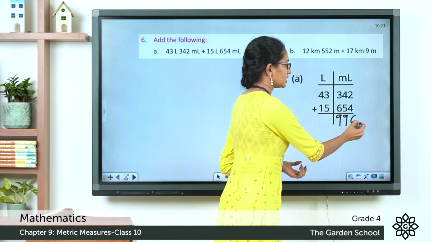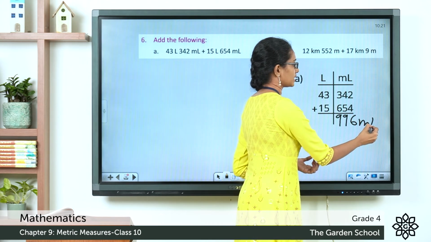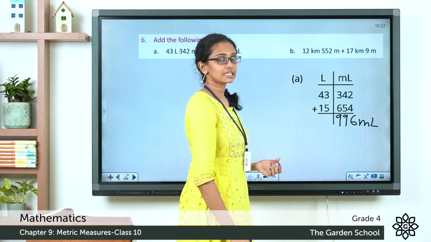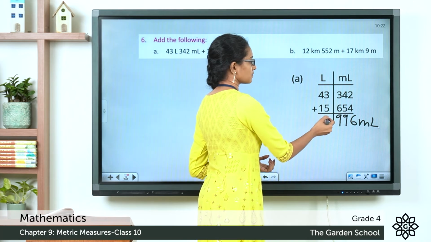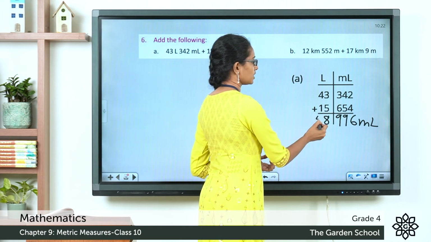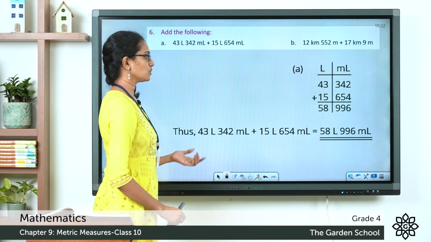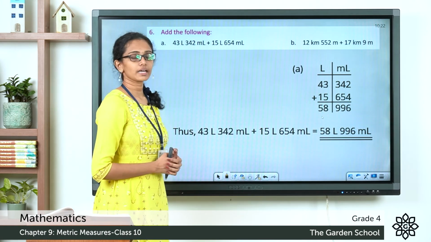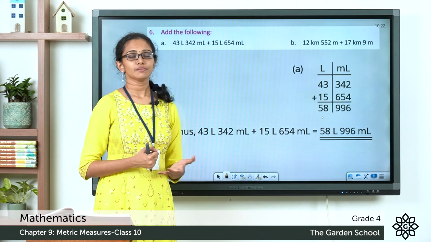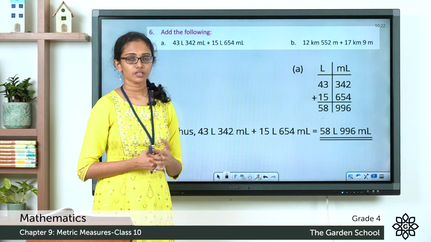So here it is 996 milliliters. Now here in the liters column we have 3 plus 5, 8 and 4 plus 1, 5. So what is the total? The sum is equal to 58 liters 996 milliliters. So similarly, you can complete question B yourself.